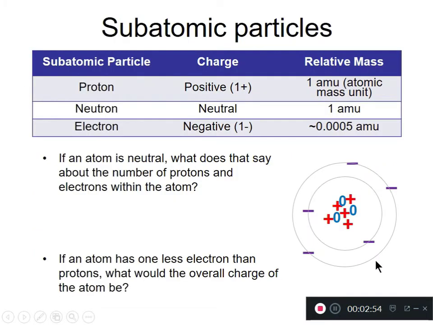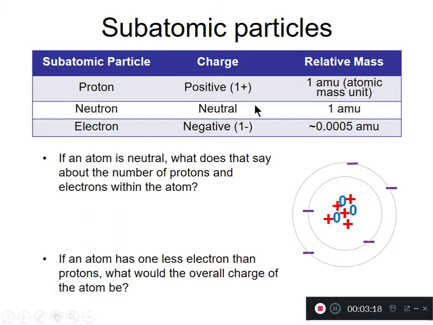Let's get a little more detail. So we talk about these protons, neutrons, and electrons. Let's record what their properties are. The proton is positively charged, and it is found in the nucleus. It has a mass of 1 AMU. AMU stands for atomic mass unit. The neutron is neutral. It has no charge.